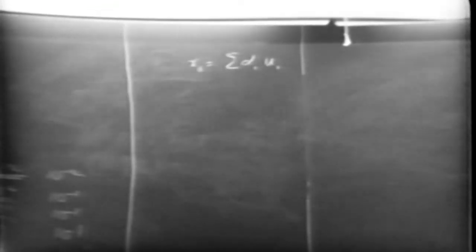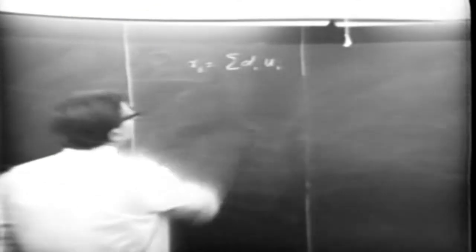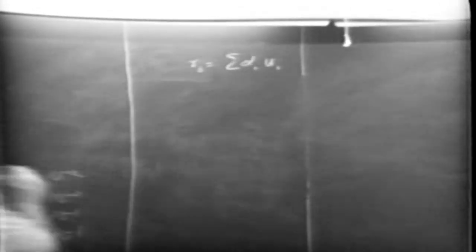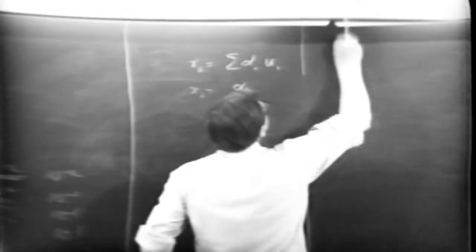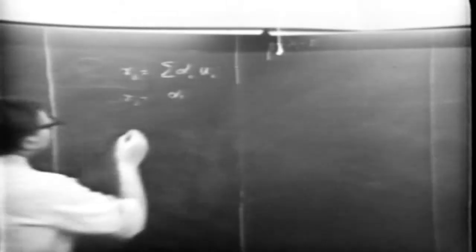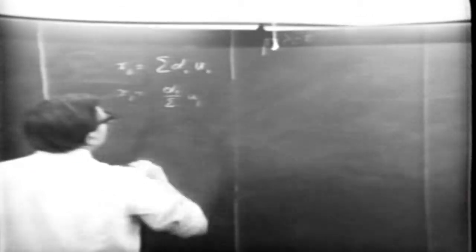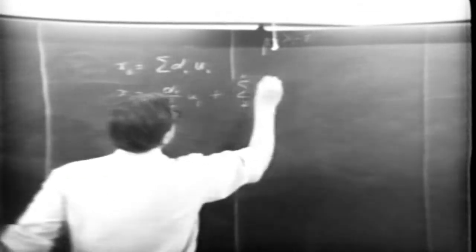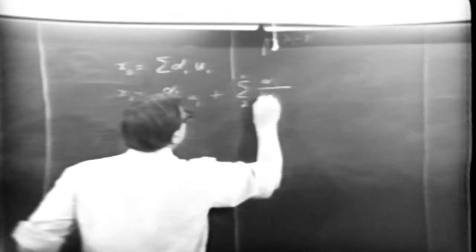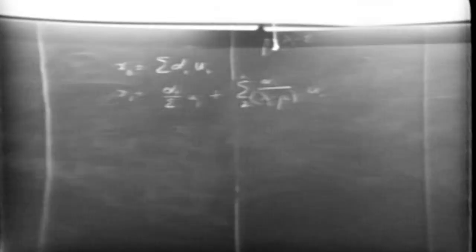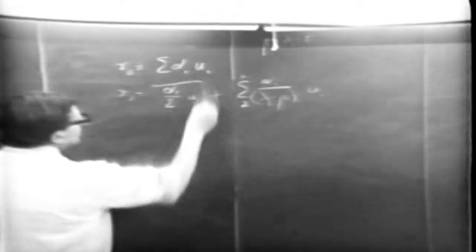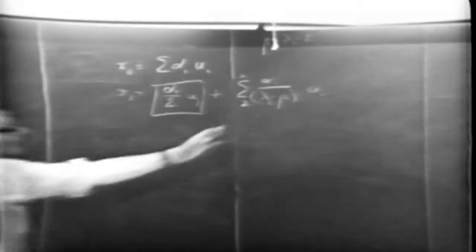And now we see, after 1 iteration, let's assume we're taking p nearest to lambda 1, and supposing p is equal to lambda 1 minus epsilon, so we're pretty close to it, we'll find that x1 is alpha 1 over epsilon times u1 plus the sum from 2 to n of alpha_i over lambda_i minus p times the u_i. And p, we're assuming, is not all that close to the other ones. So this one is enriched enormously. It's blown up by this factor 1 over epsilon. These are not enriched at all.